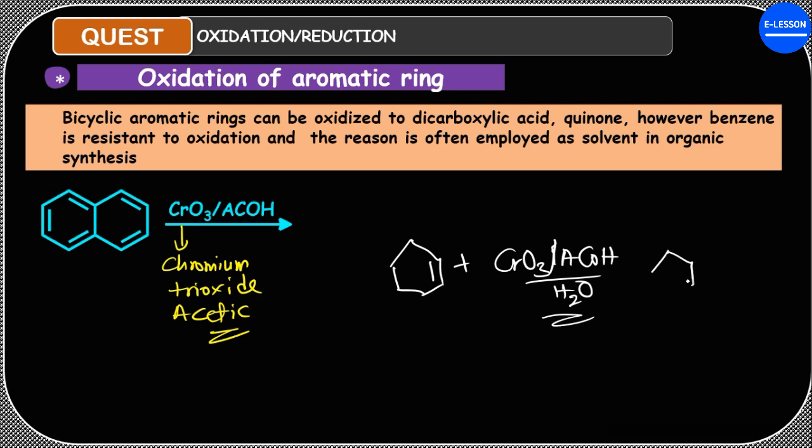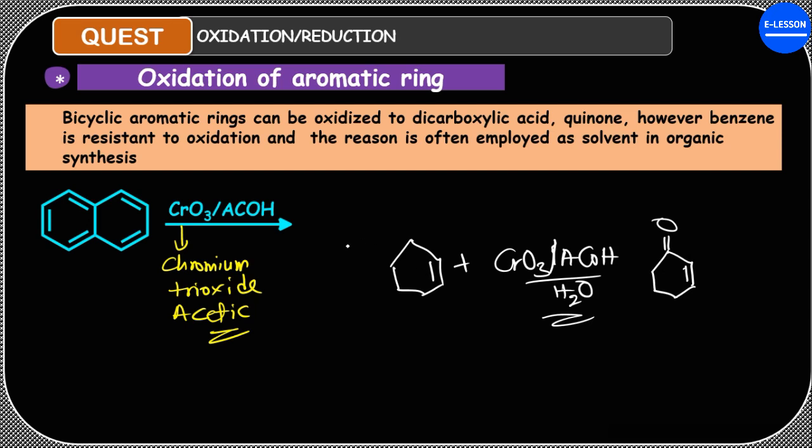If we can still remember, one of the products will be alpha beta unsaturated carbonyl compound. Can we remember where we said it will also form cyclohexanol, cyclohexadiol, etc.? It is going to form a variety of products.